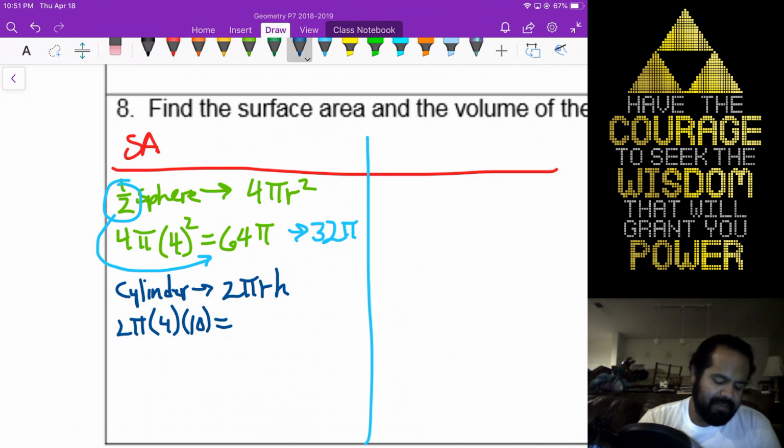So then 4 times 2 is 8. 8 times 10 is 80. So 80 pi. This is my lateral area, and I want to add to it one of my bases. And actually, let's just write base. So for my base, we're going to say that it's a circle, so I'm just going to do pi r squared.